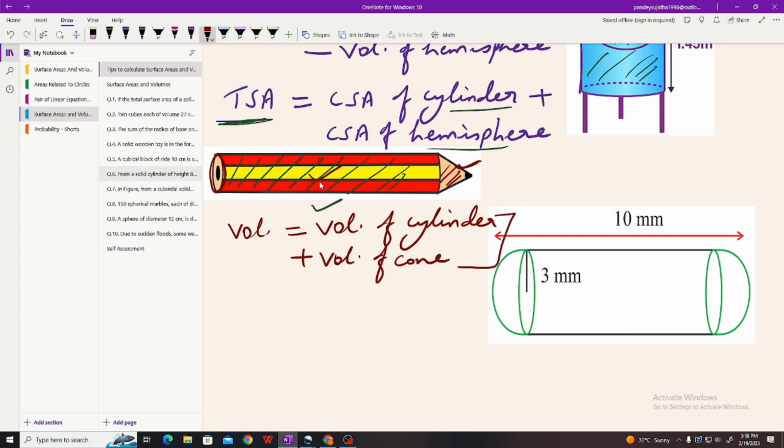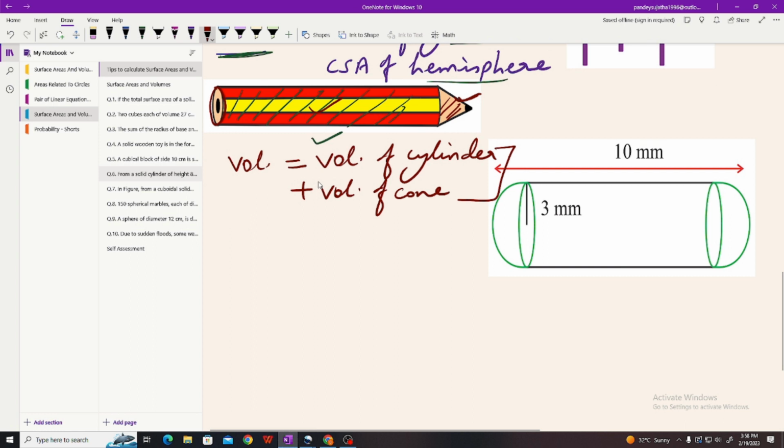So now to find the total surface area of this pencil, we will add all the areas that are visible to our eyes. So here we are able to see the curved surface area of this cylinder.